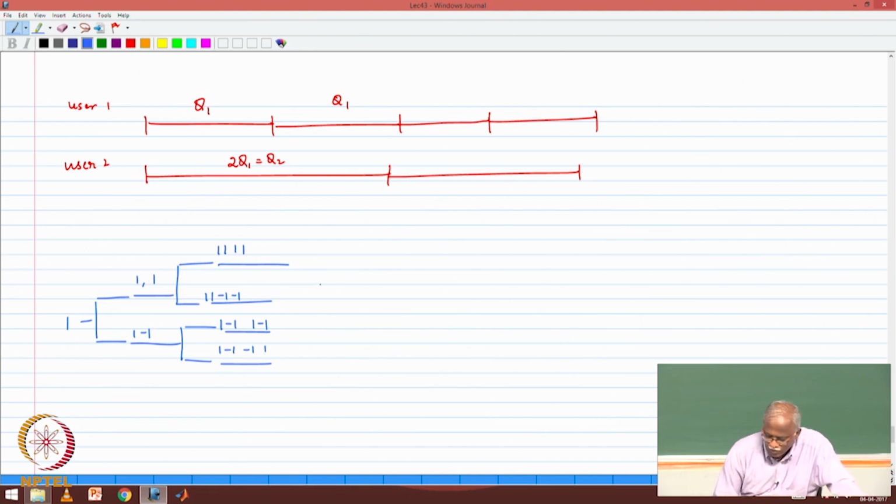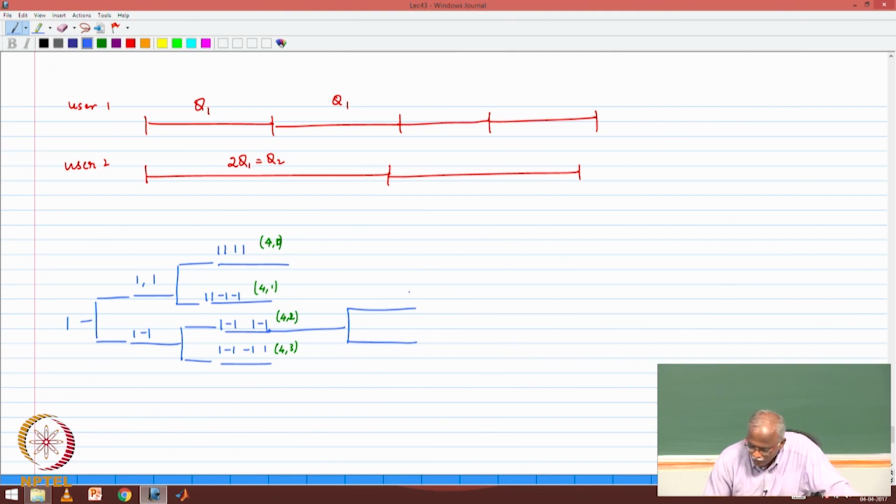Okay. So now if you were to label these, let me call this length 4 code 0, this is length 4 code 1, length 4 code 2, and length 4 code 3. Now length 4 code 2, I am going to expand this further.